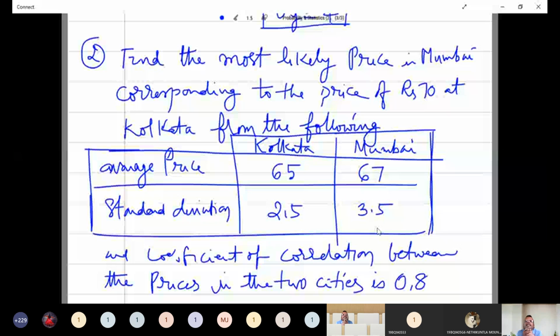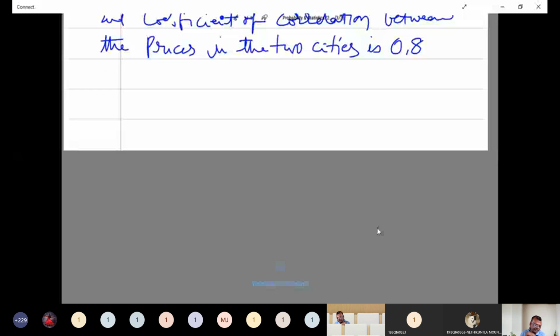From that we can find the unknown value using the known value. That is the very, very important use of regression lines. Let us see the solution. So let's move to the next page.